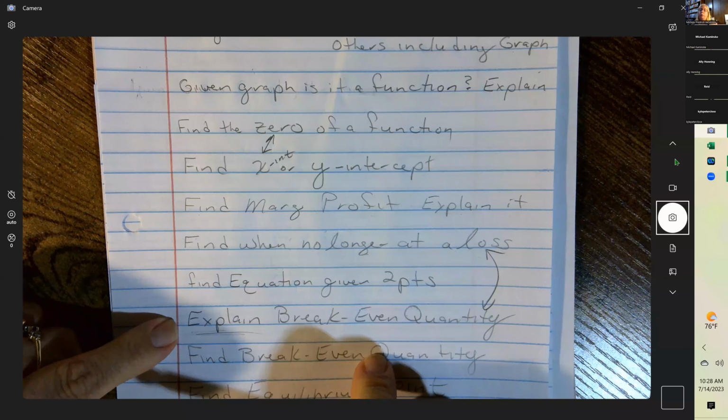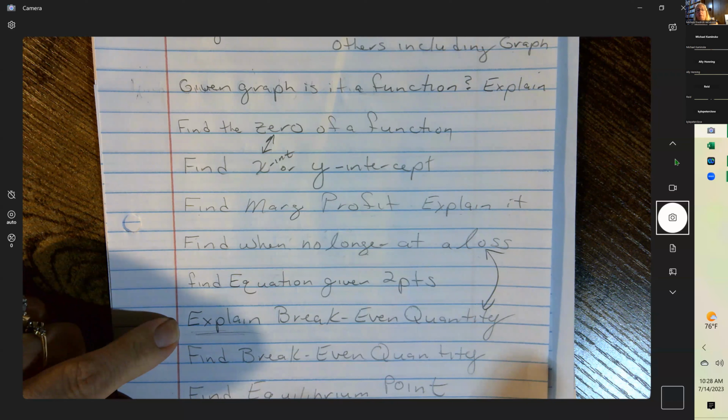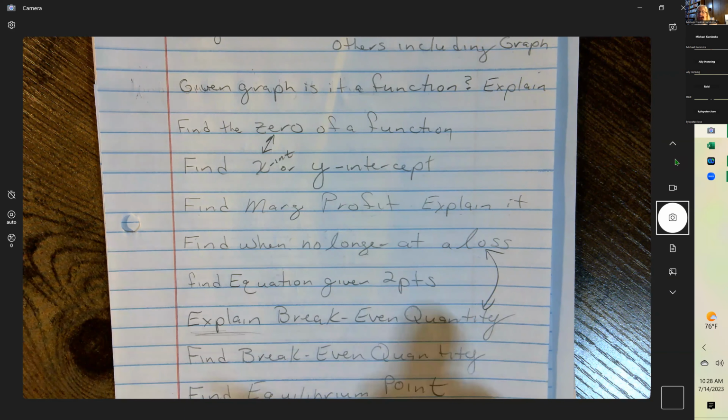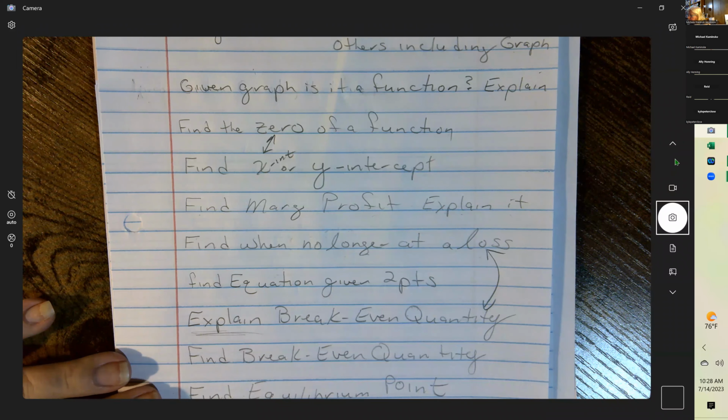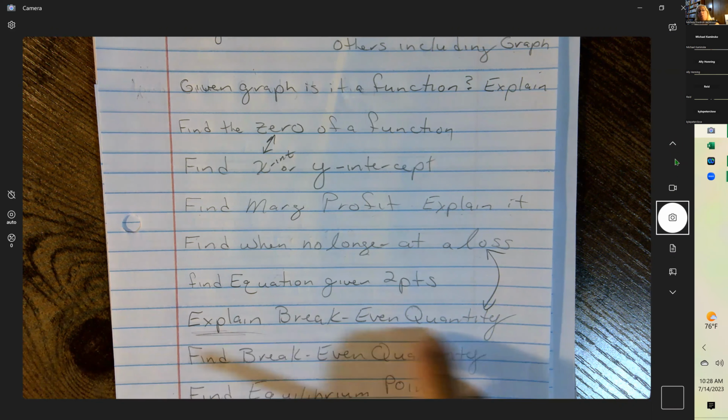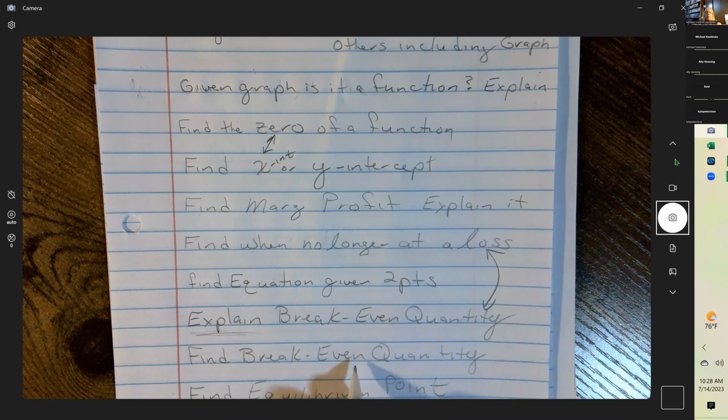When you break even, you are no longer at a loss. Find the equation given 2 points. I put explain break-even quantity separate. That way, if you did find it wrong or weren't able to find it, you could still explain it. So I put it separate. I'll say like the break-even quantity is 24. What does that tell you? So these were 2 separate problems. And then find the equilibrium point.